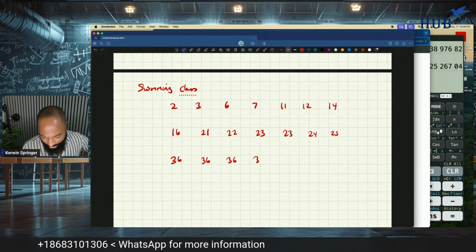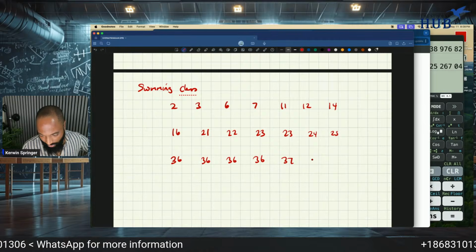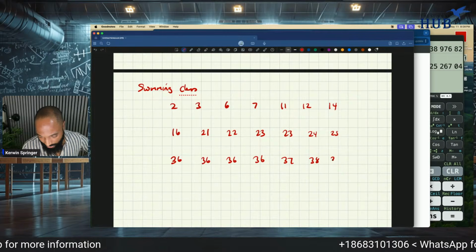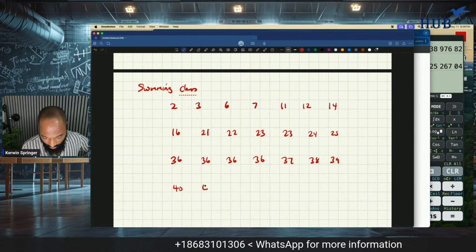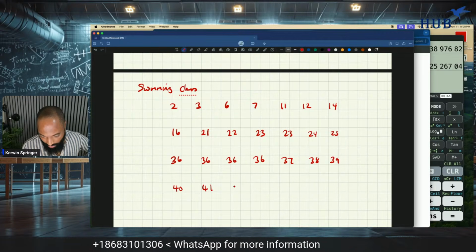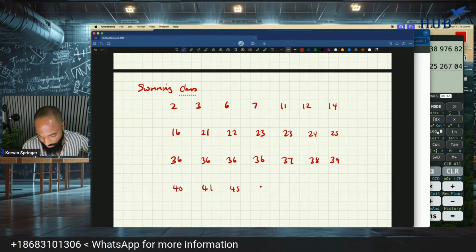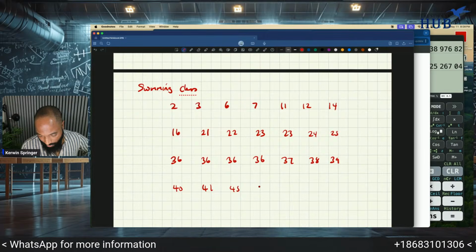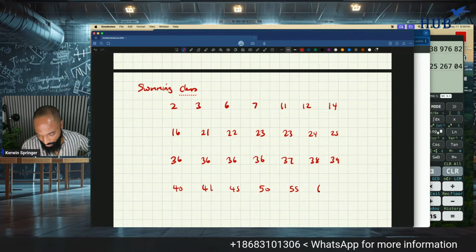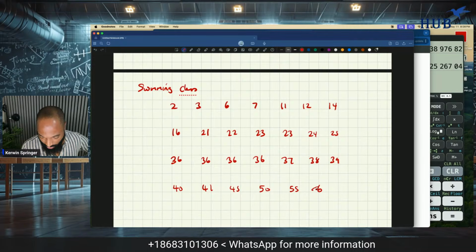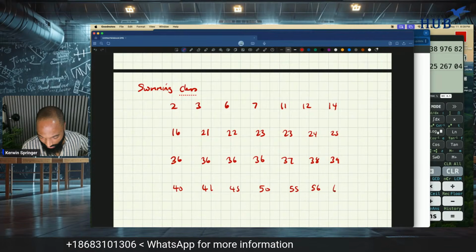There's a whole crew in the 30s: 36, 37, 38 and 39-year-old, 40, 41, a 45-year-old, a 50-year-old, somebody else 55, and somebody else 56 and a 60. That is it.